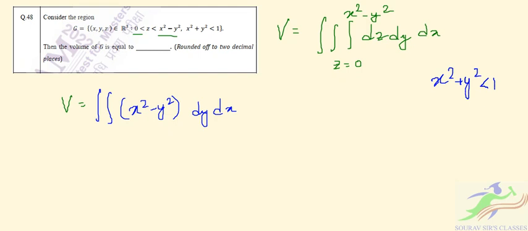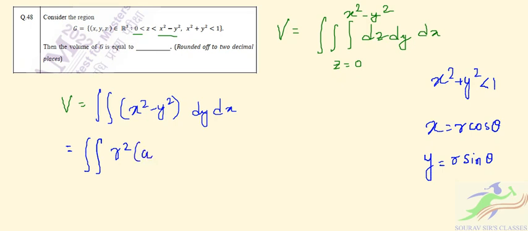So x square plus y square is less than 1, so you can say we have a circle. So in case of a circle, we can consider x equal to r cos theta and y equal to r sin theta, right? If we now put the same over here, what we will find is this integral, r square will be common, cos square theta minus sin square theta, r dr d theta.